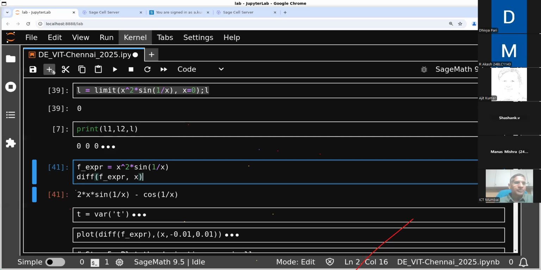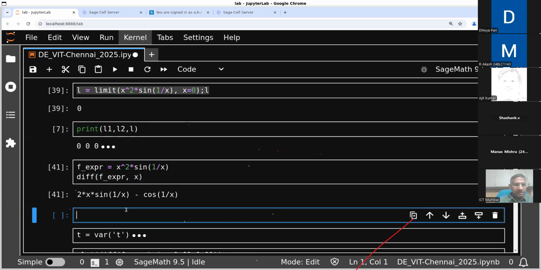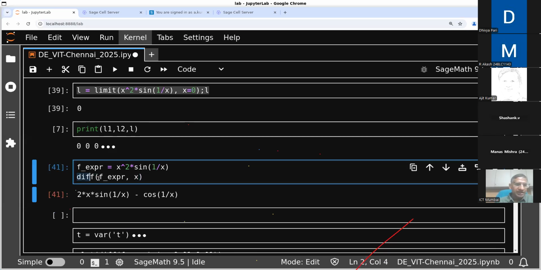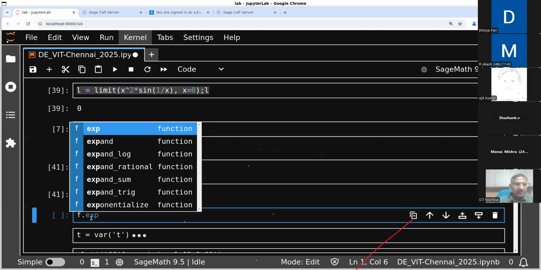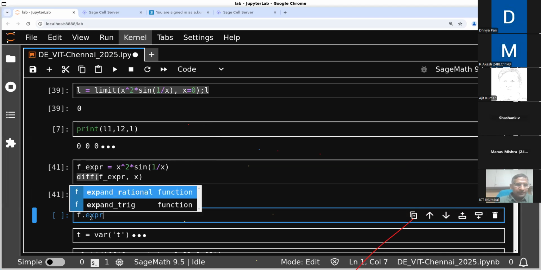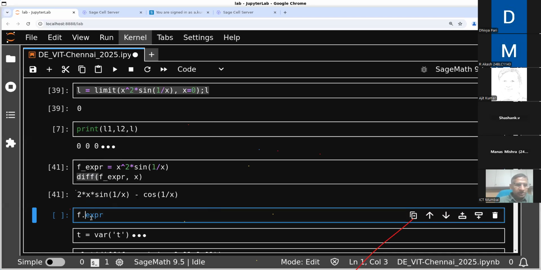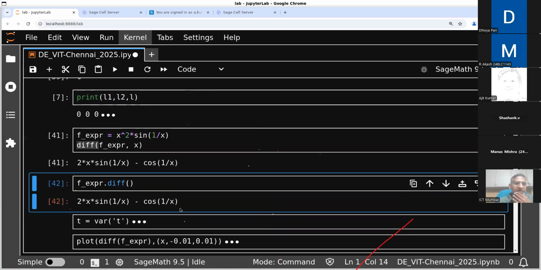Or we could have simply, instead of calling the function diff, said f underscore expr, sorry, f underscore x is the name, and then dot diff. This will give me the derivative of the function.